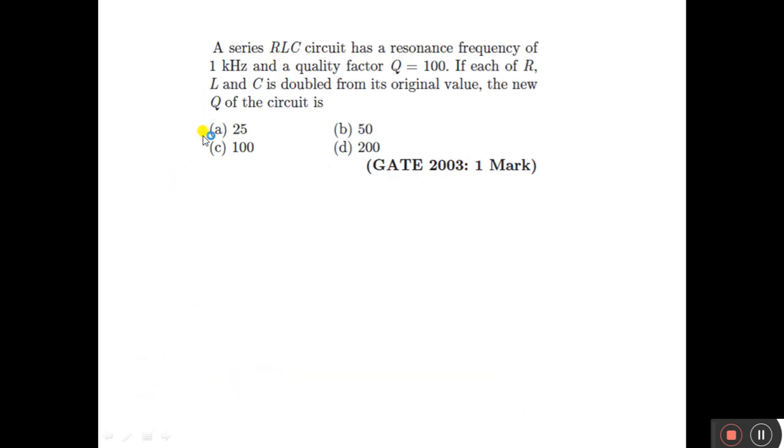Next question. A series RLC circuit has resonance frequency of 1 kilohertz and quality factor Q equal to 100. If each of R, L, C is doubled from its original value, the new Q of the circuit is option A 25, option B 50, option C 100, option D 200.